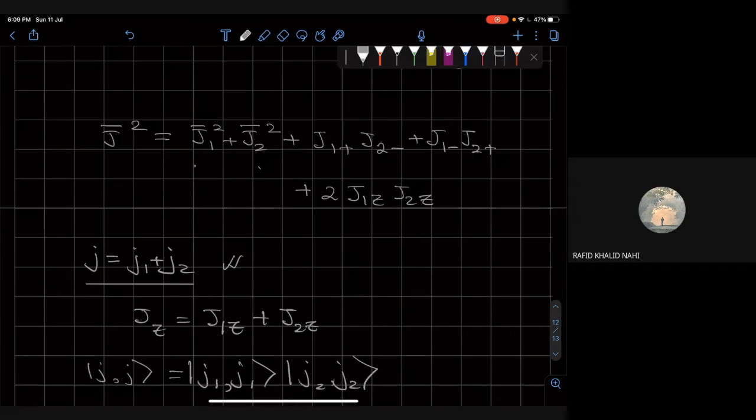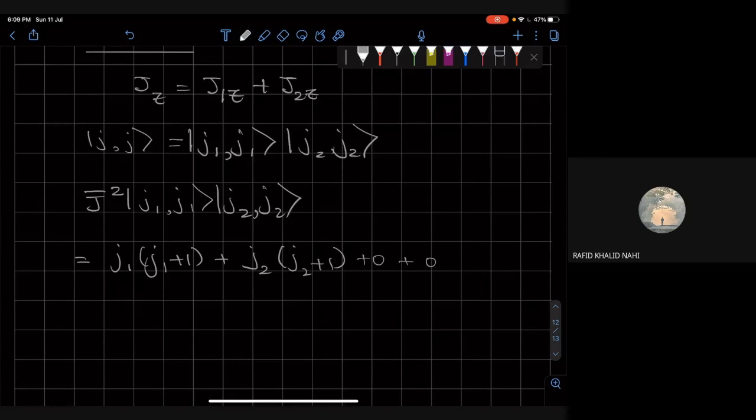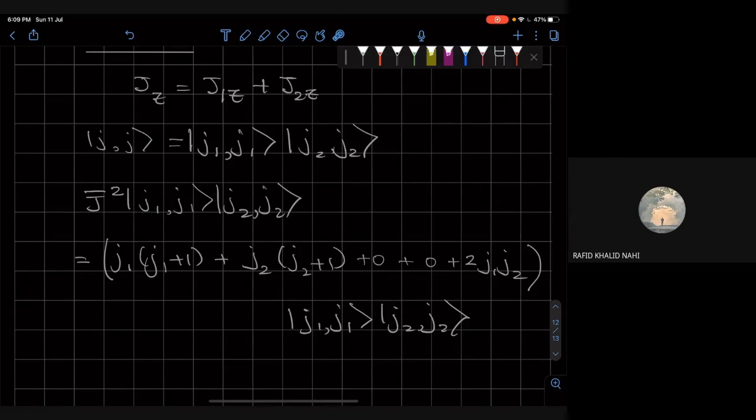And then these guys will just give me the eigenvalues, so I'll get 2 times J1 times J2. This will be the whole coefficient, multiplying J1, J2, because none of the operators were able to change any of these states. So these states will remain.